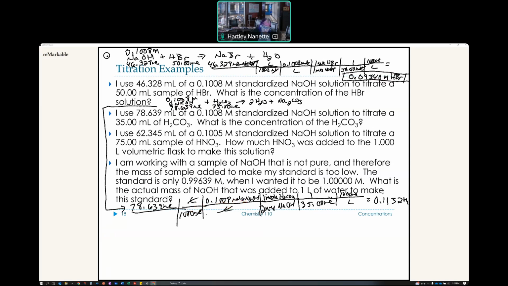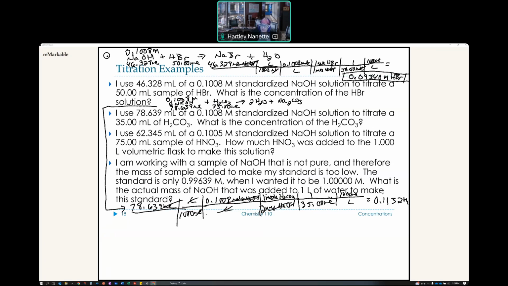And that leaves me with moles of NaOH. I then divide by the number of moles of NaOH: 2 moles of NaOH are in the balanced equation for each mole of H2CO3. So I divide by 2 and I multiply by 1 mole of H2CO3. And that cancels my moles of NaOH.